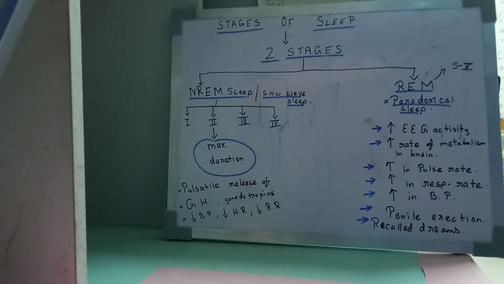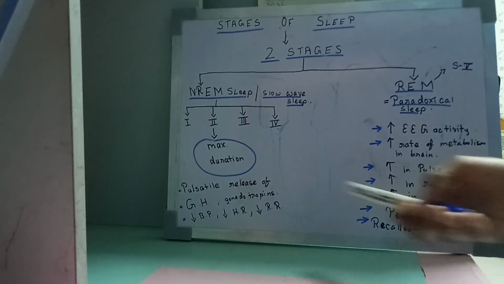You have to remember this. Also remember that in the REM stage, the activity is similar to the beta state, because beta activity is seen in a person who is not sleeping, who is in the awake state. So the EEG shows increased activity similar to the awake state, beta activity, and there is a return of the alpha activity.